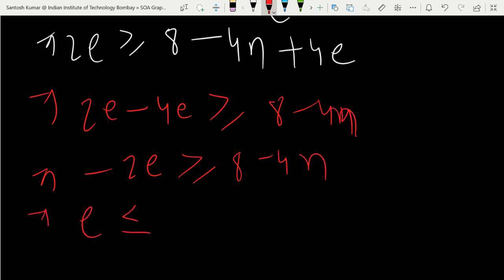When you divide by a negative number, the inequality changes. It will become 2n minus 4.